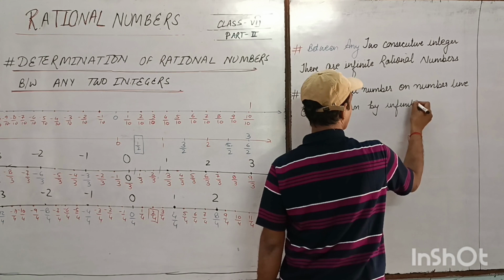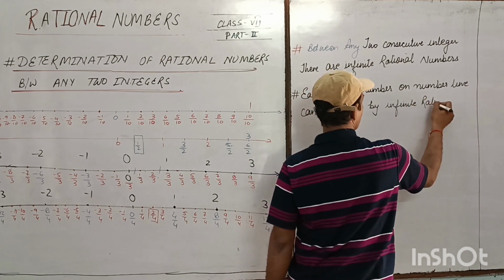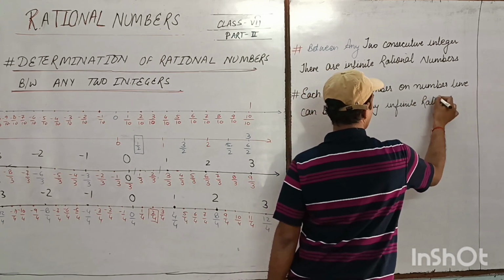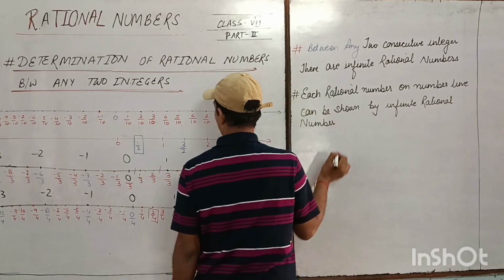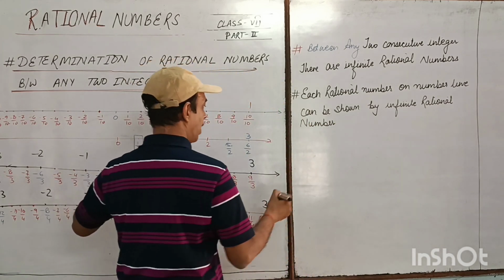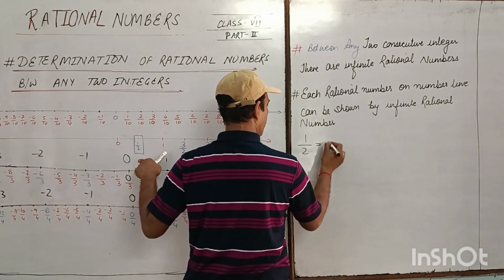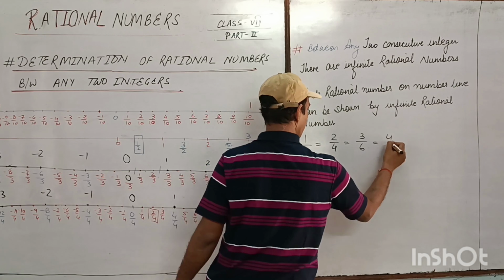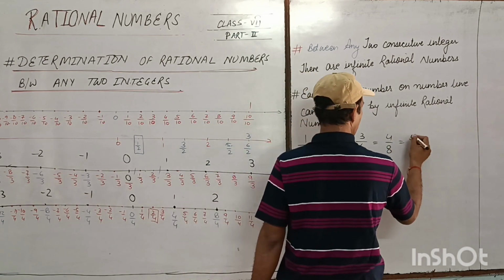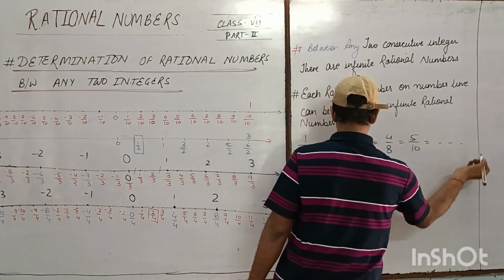Do you remember? For example, 1 by 2 can be shown with the help of 2 upon 4, 3 upon 6, 4 upon 8, 5 upon 10, and so on.